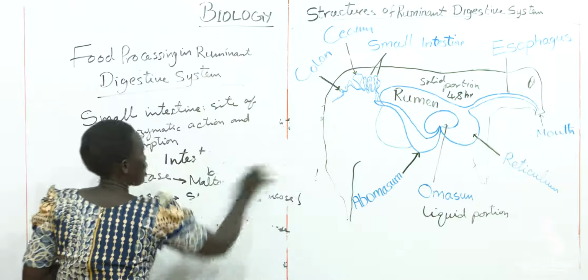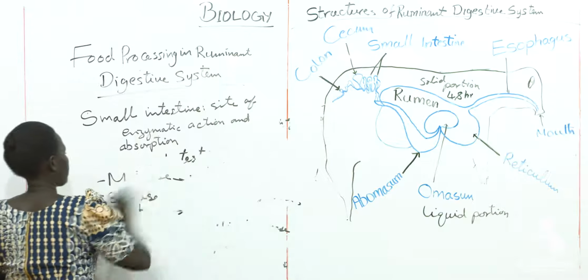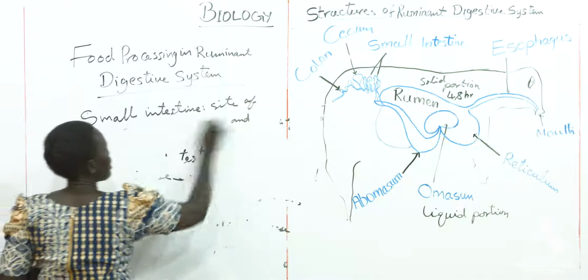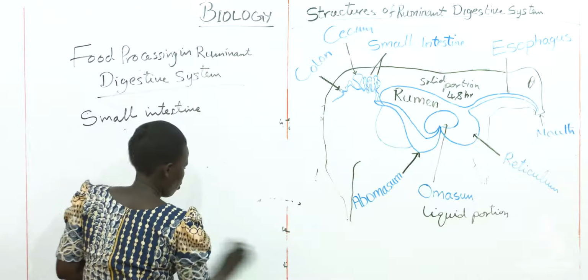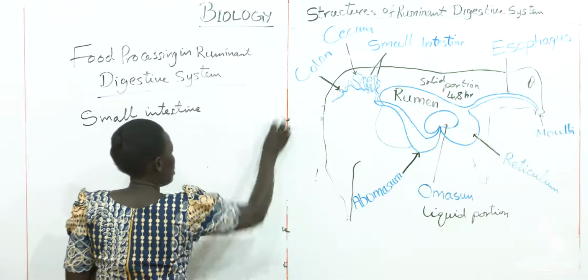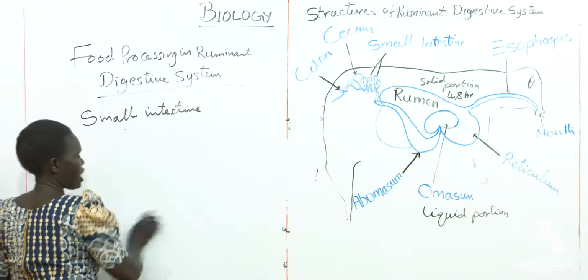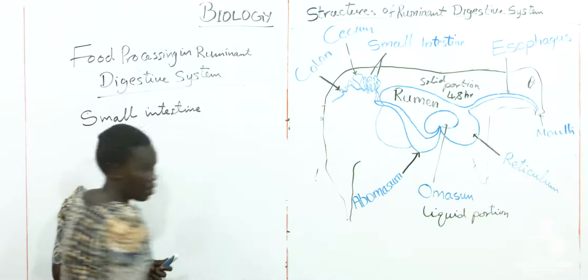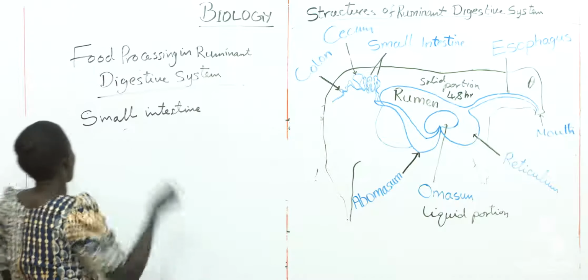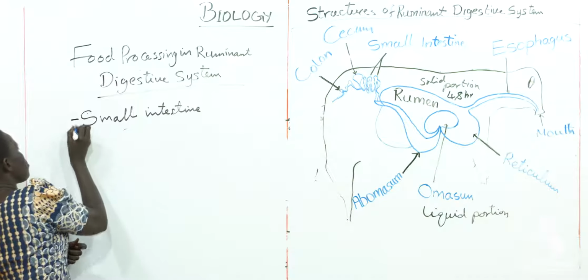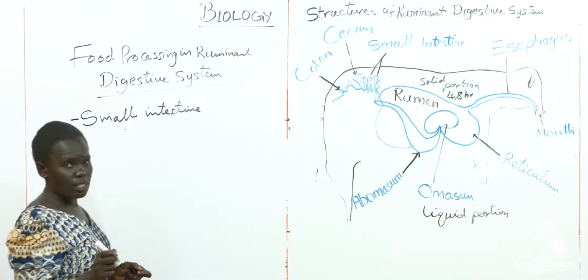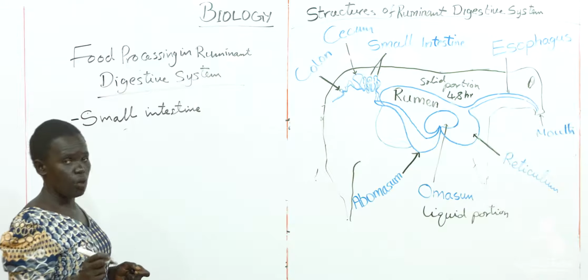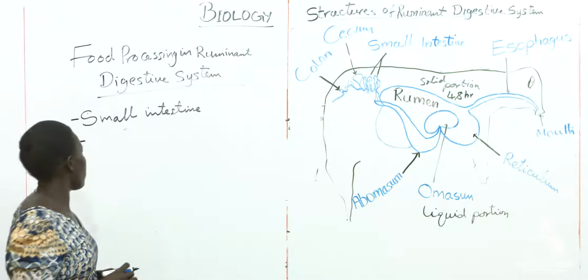Now the food has reached the large intestine, and we know very well the function of the large intestine is to absorb water and store the undigested food, which is now considered as waste product, waiting to be sent out of the body.